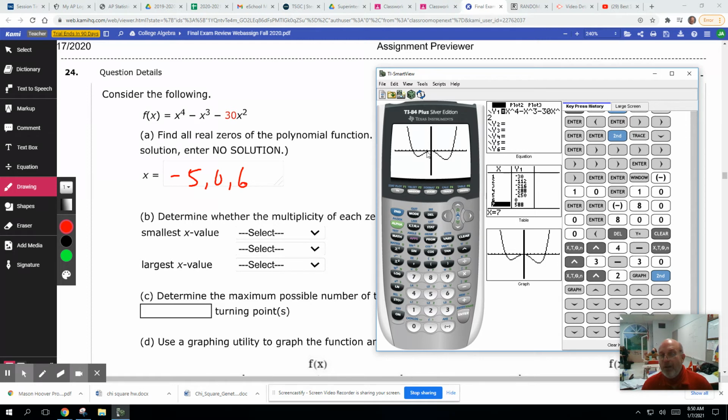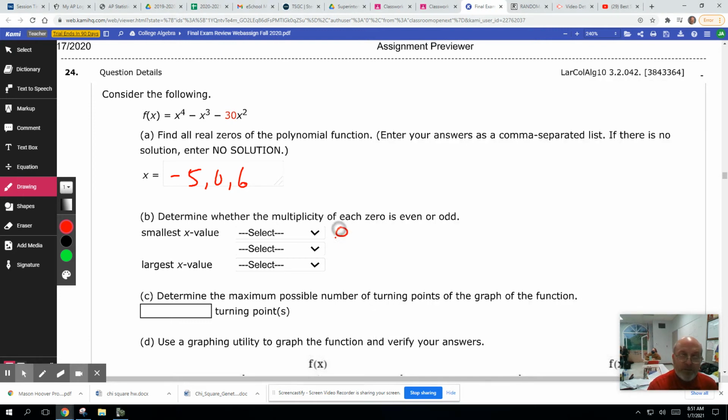At 0, the graph bounces off the x-axis, which makes the multiplicity even. And at 6, it goes through the graph, making it odd also. So the multiplicity for negative 5 is odd, for 0 is even, and for 6 is odd because of the way it intersects the x-axis.